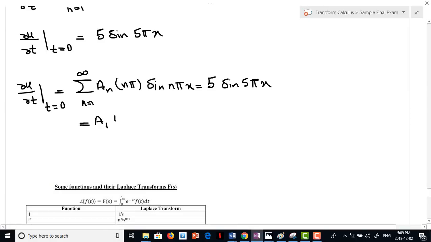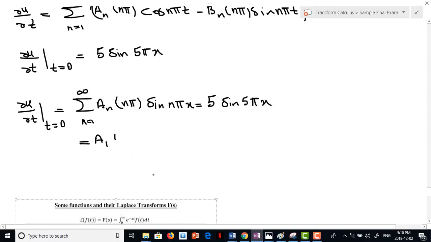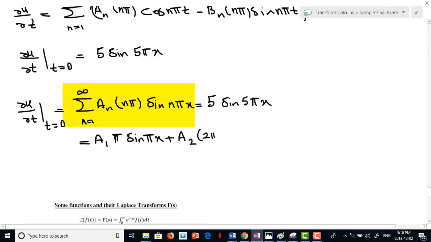If I expand it, we have a1 times pi times sine pi x for n equal to 1, plus a2 times 2 pi sine 2 pi x, plus, and so on.